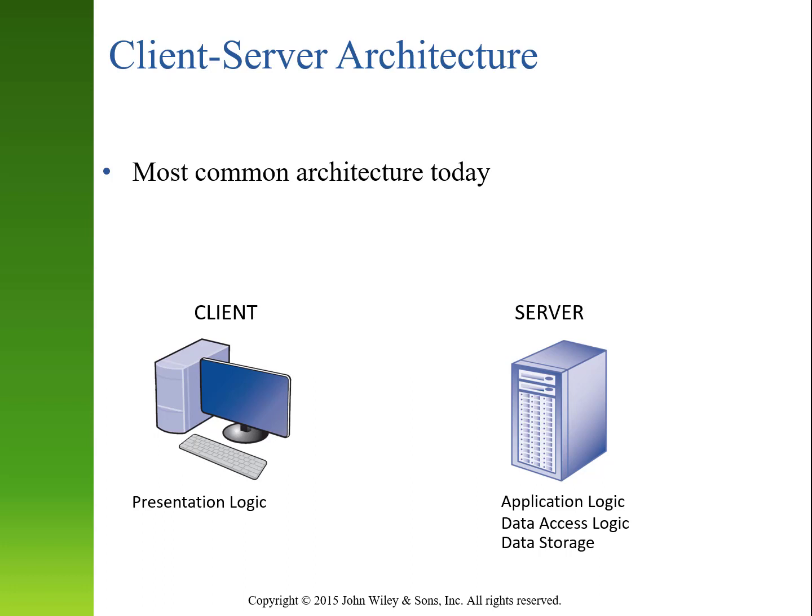So perhaps in other situations, you decide that you have the presentation logic and the application logic on the client and only have the data access logic and the data storage on the server. In this case, the client is responsible for some of the processing, the application logic. The server is responsible for deciding what data to actually send to the client.